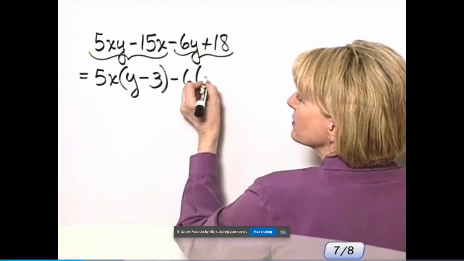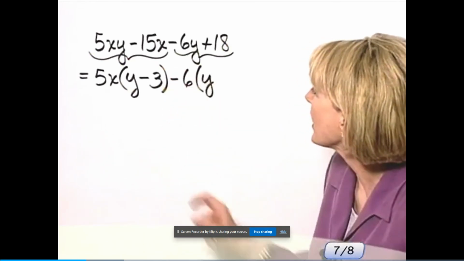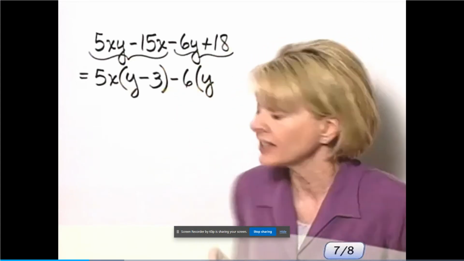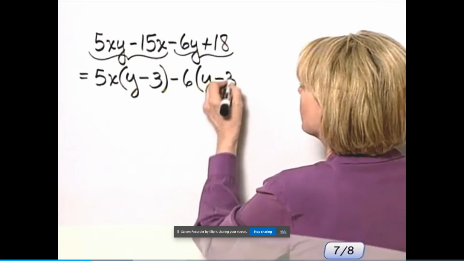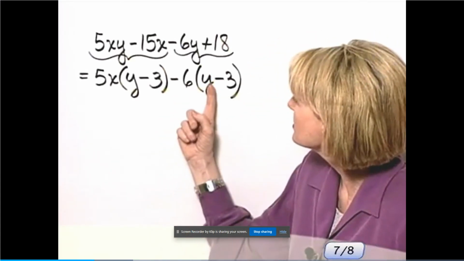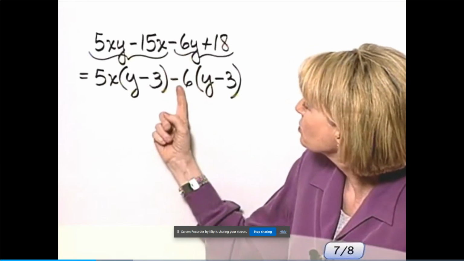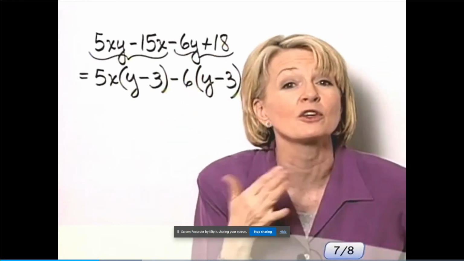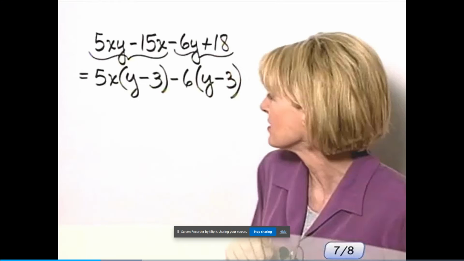This divided by -6, I have left y. Now, what is 18 divided by -6? That's -3. And always check by multiplying. This times this is this. And notice we have -6 times -3, which is +18, so I am okay on the signs.